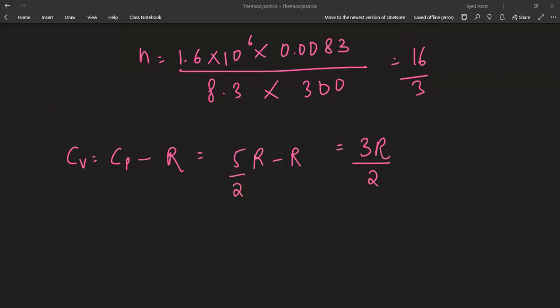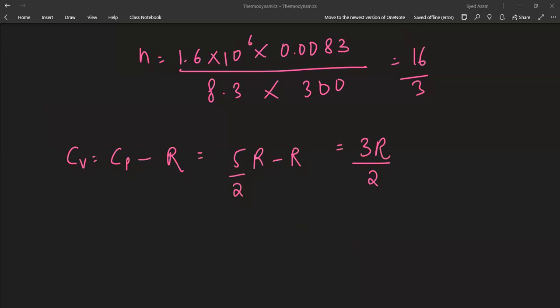But why did I calculate Cv? Because if you remember, n Cv delta T. See, 2.49 into 10 to the power 4 joules of heat energy is supplied.